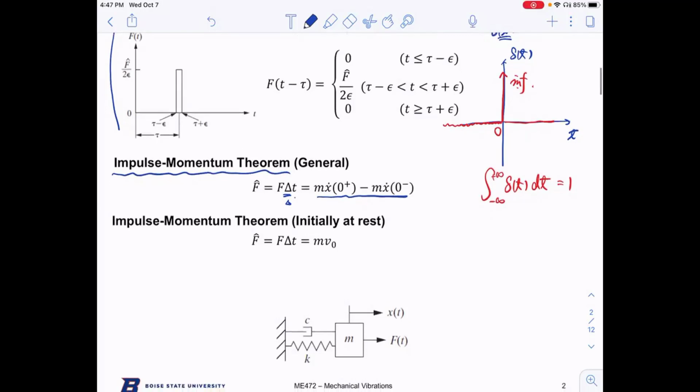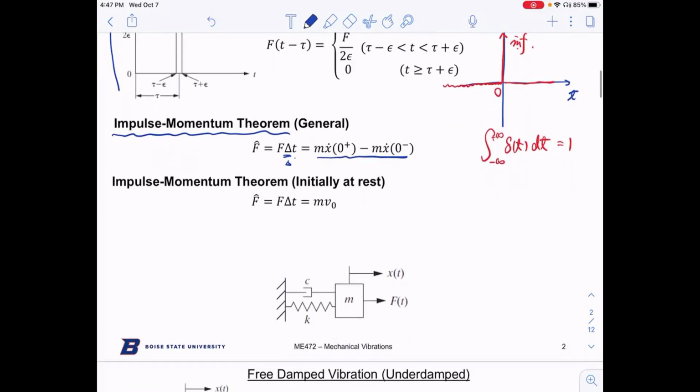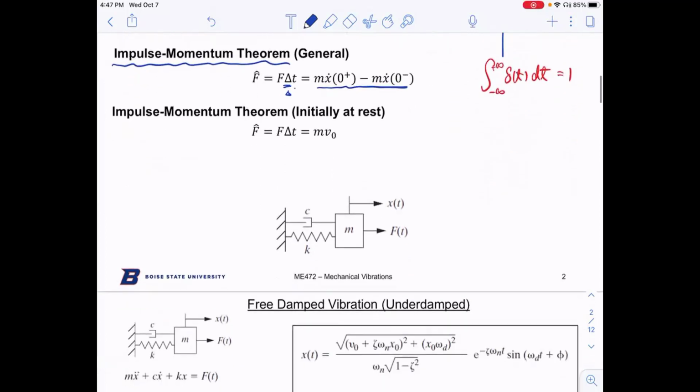So let's look at this spring mass damper system here. We already learned that the equation of motion is m x double dot plus c x dot plus k x equals f of t, right? That's what we have learned in previous lectures. But in this case, your force excitation is very special. It's no longer harmonic.